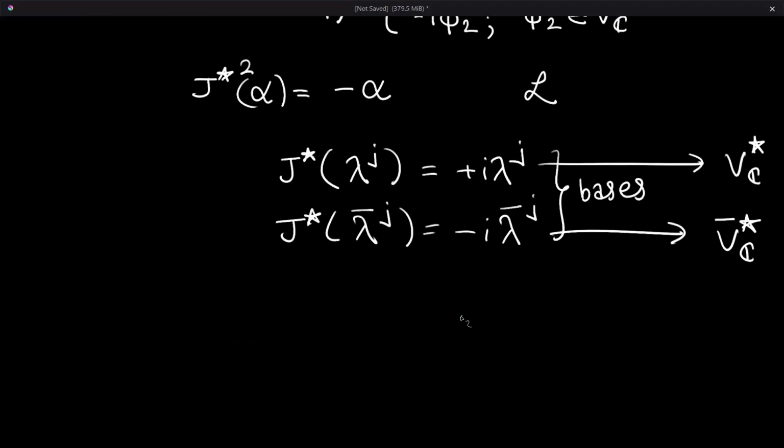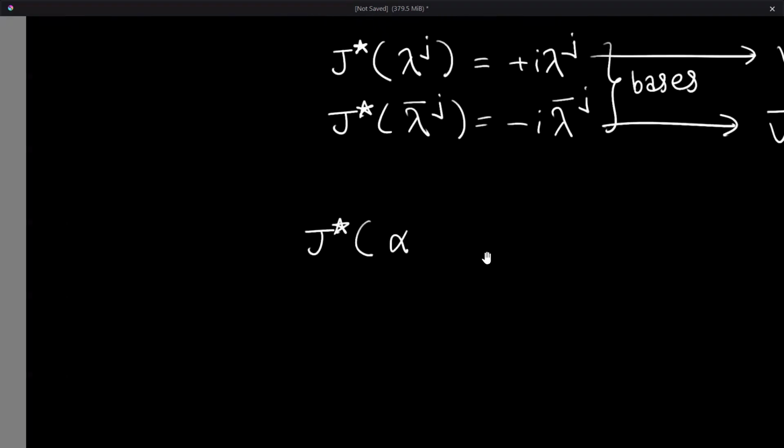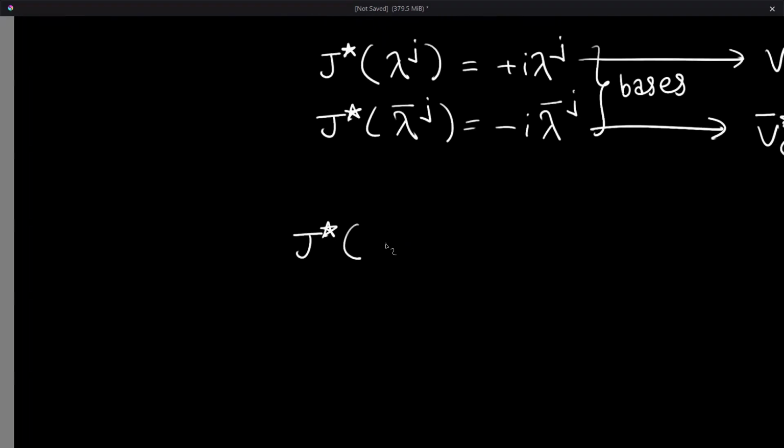The next part of this is a little bit of a subtle point. So this is a basis, right? This is what it acts like on the basis vector. So what we're essentially proving in the last part is that if I have any generic vector, say J star acting on any generic vector, which is a linear superposition of these basis vectors, alpha j lambda j, right?